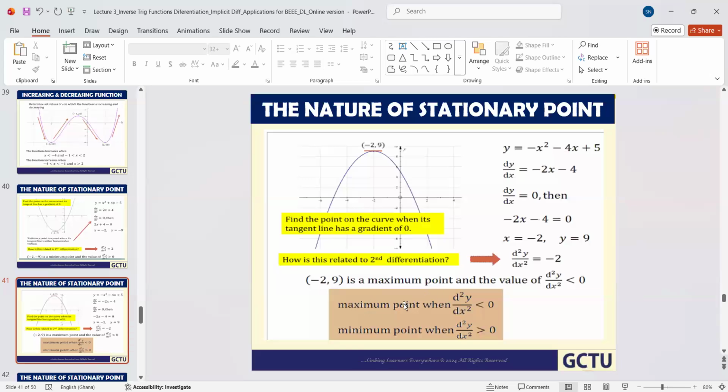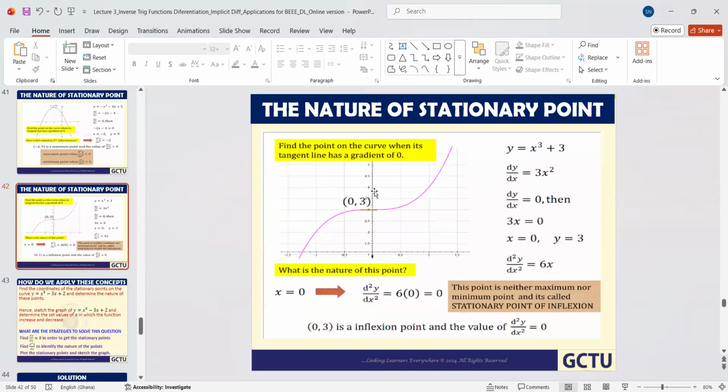So here, the maximum turning point had a second differential less than 0, and the minimum turning point had one greater than 0. So that is how we determine the nature of a turning point. The first differentiation tells us the turning point. The second differential tells us the nature of the turning point, whether it's positive, that is greater than 0, or whether it's negative.